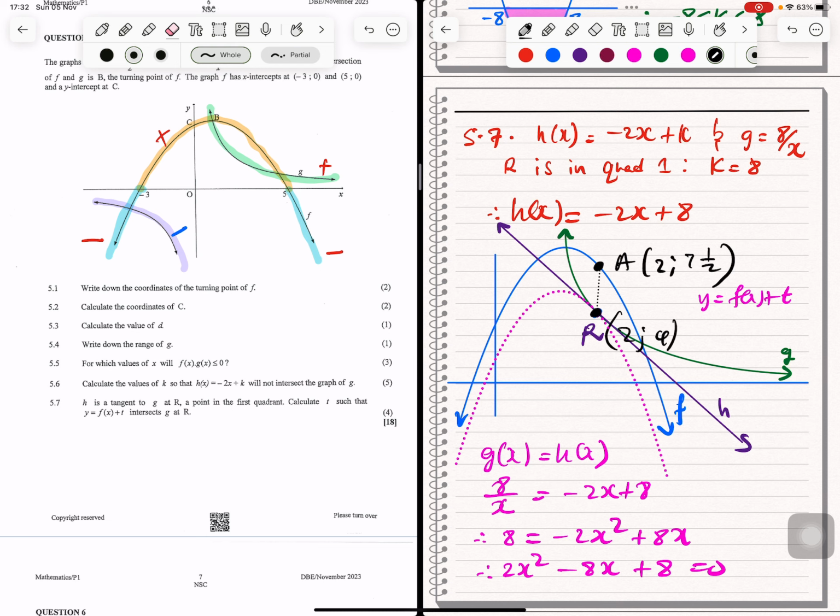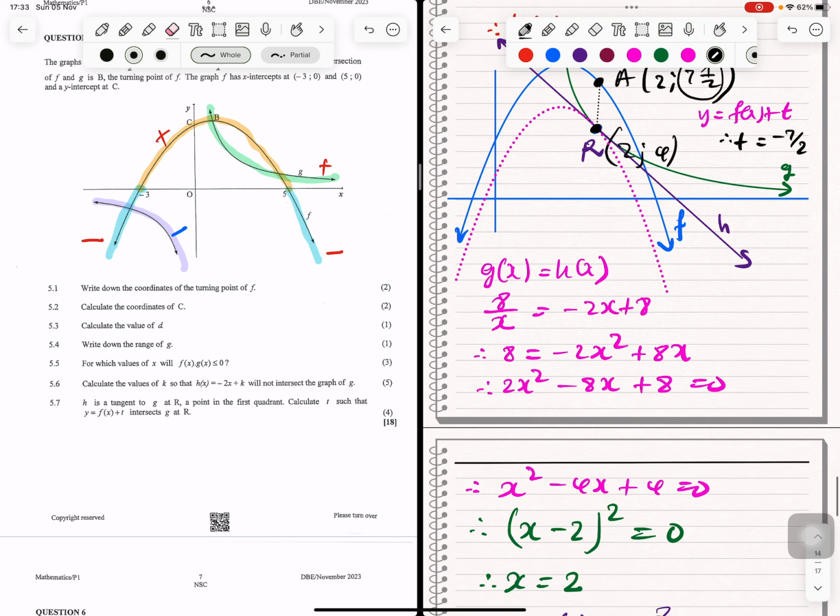So the distance will be that minus 4. It has to be dropped down in order for that to intersect. So this value here had to be dropped down by how many units? By negative 7 over 2. That's how you really analyze that question.